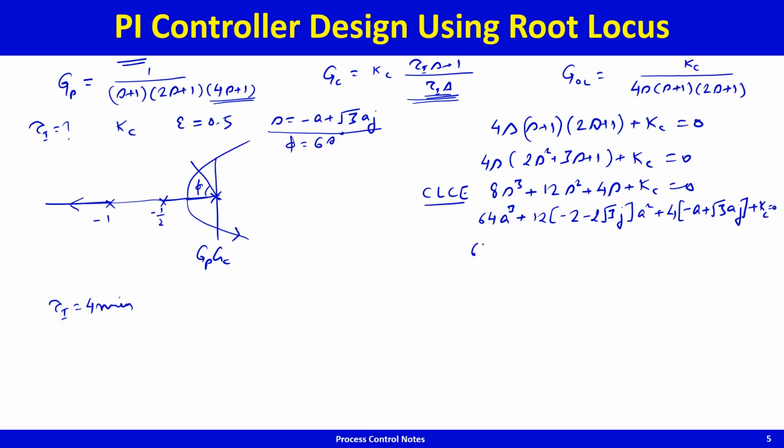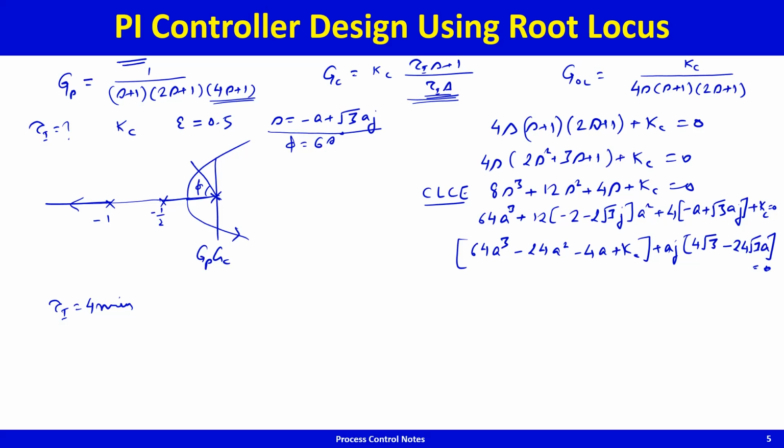What that gives you is 64a cubed minus 24a squared minus 4a plus Kc, that's the real part, plus aj into 4 times square root 3 minus 24 times square root 3 a equal to 0 for the imaginary part.